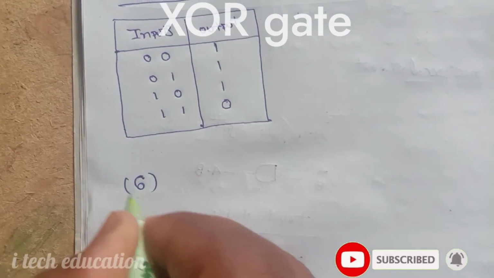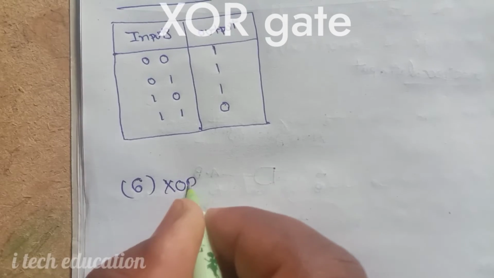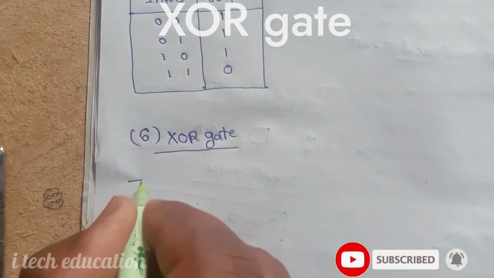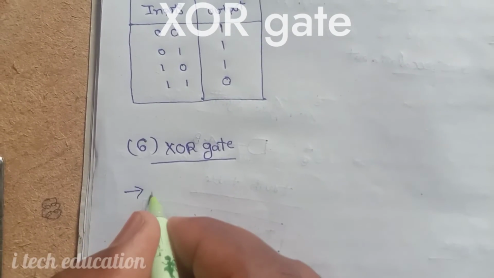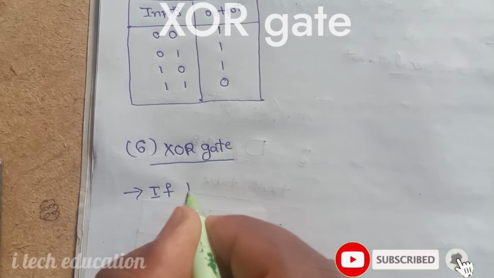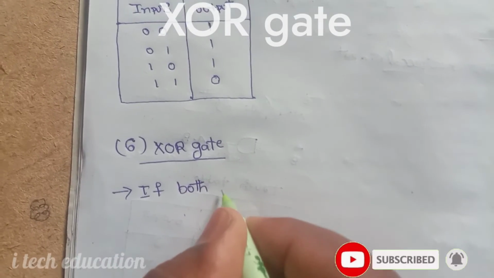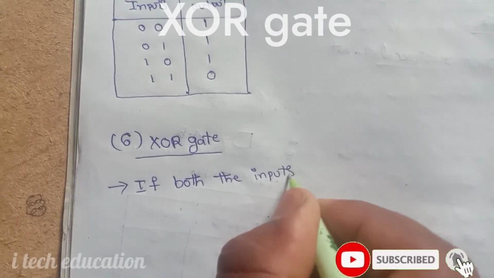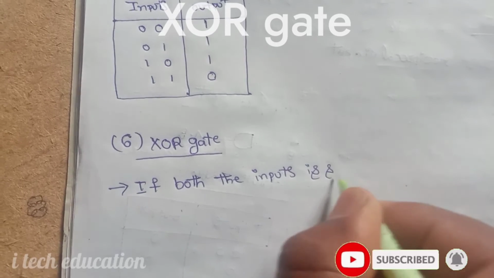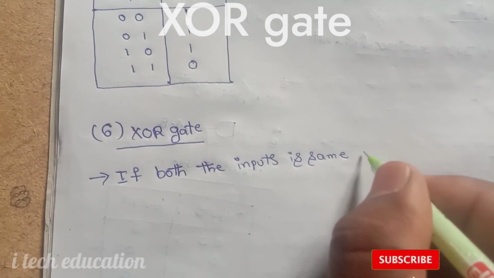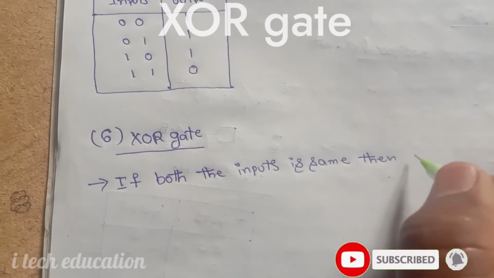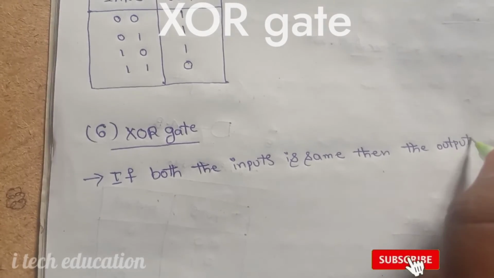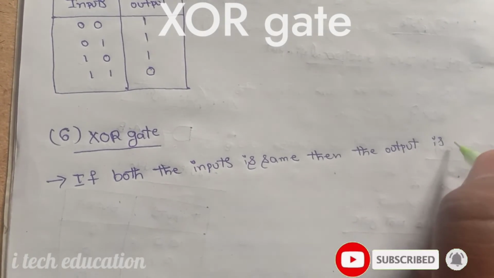See the sixth one, that is XOR gate. The XOR definition is: if both the inputs are same, then the output is 0.